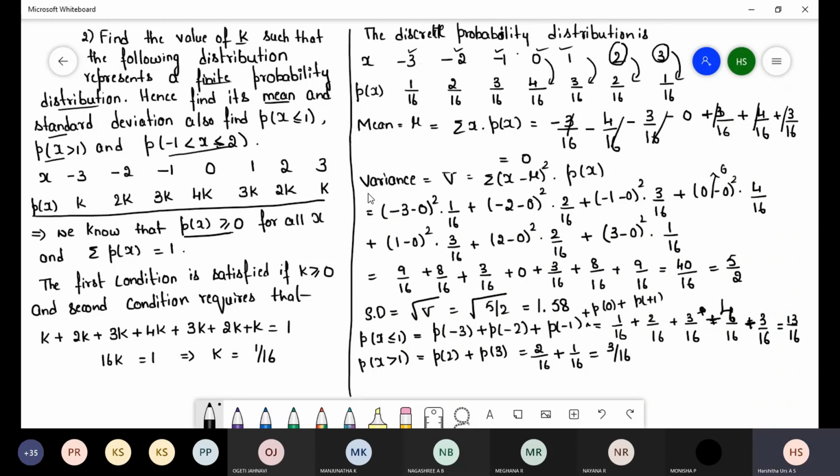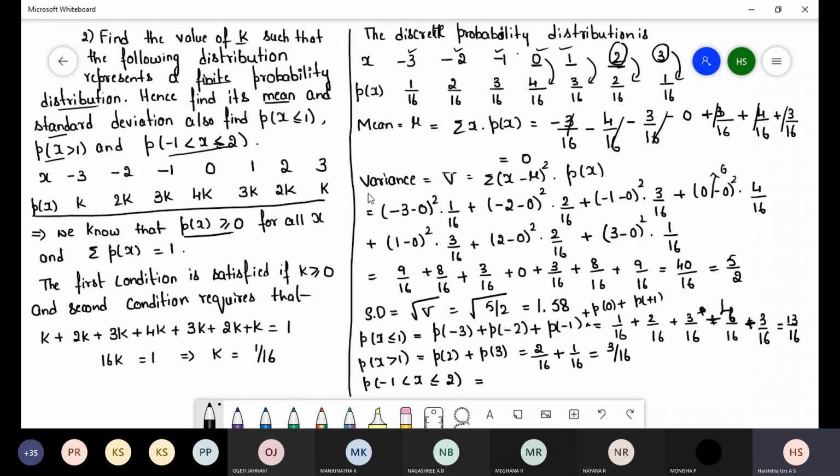Next comes the last one. Here less than or equal to is there. So P of minus 1 less than x less than or equal to 2. P of minus 1 less than x means here which I have underlined, only the three terms we have to mention.